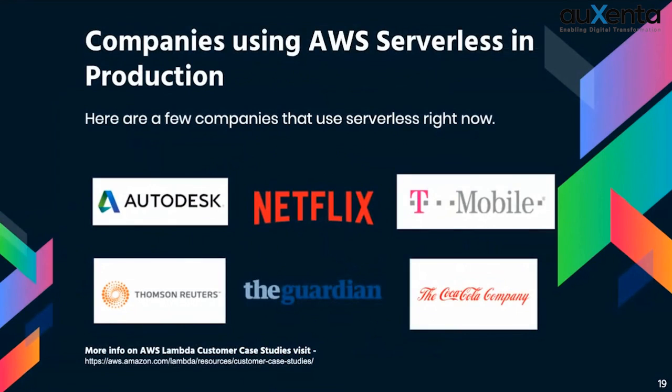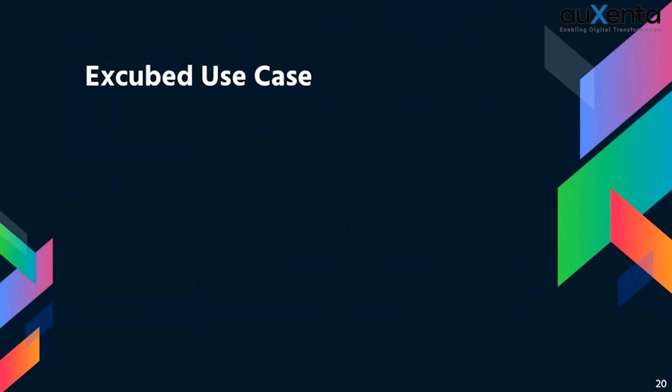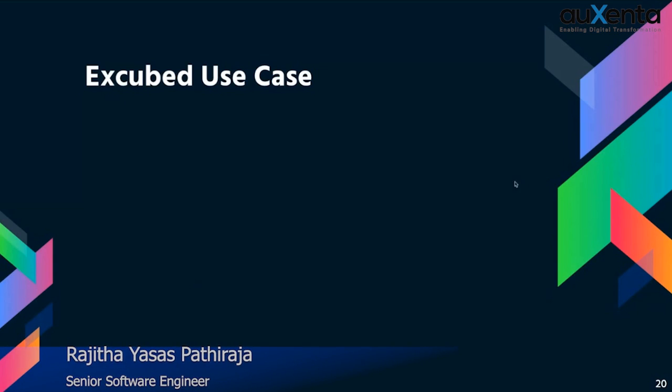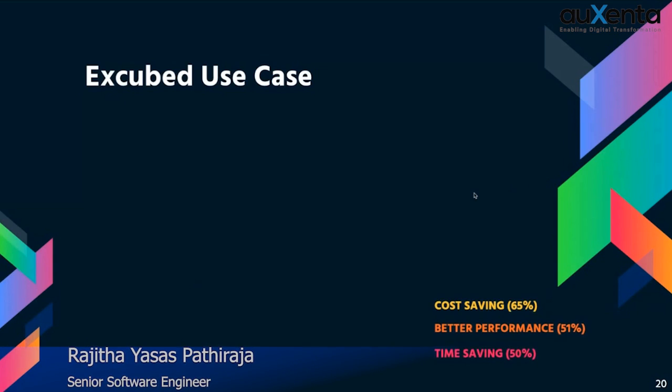So here are some companies using AWS in production. You can see Netflix, T-Mobile, Coca-Cola, Guardian, right? For more information, on the AWS site they have some customer case studies. You can visit this URL to read about that. So let's see a use case of the XQ project. The XQ team's initial requirement was to build the application with minimum cost, better performance, and save DevOps time.